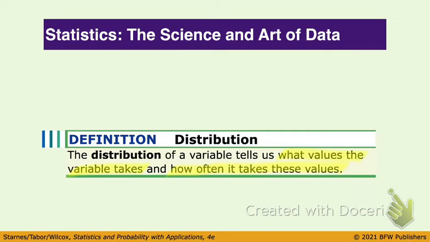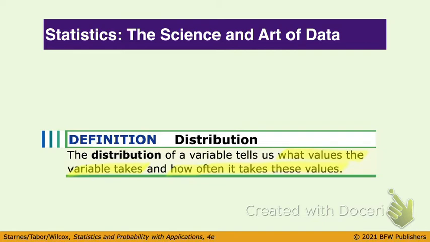It tells us what values the variable takes, so that's like what the categories are, and how often, so how frequent each of those things occurs. There's lots of ways to display a distribution, and we're going to talk about several of them in just a second.